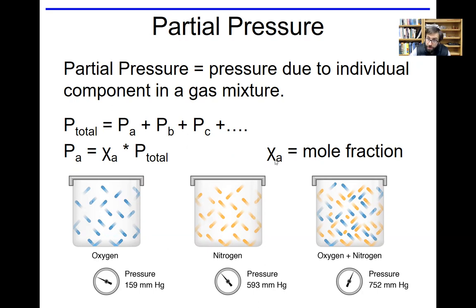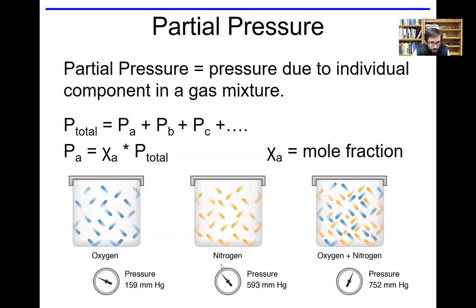So if you have 50% on a molar basis, so you have 1 mole of hydrogen, 1 mole of nitrogen, and the total pressure is 1 atmosphere, let's say. Well, the mole fraction of both of those gases is 50%. And so 50% of the total pressure, in that case, would be 0.5 atmospheres. 0.5 atmospheres of pressure of one gas, 0.5 atmospheres pressure of the other gas. Total pressure would be 1 atmosphere.